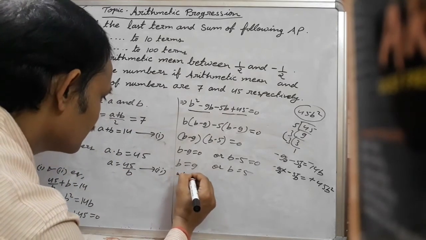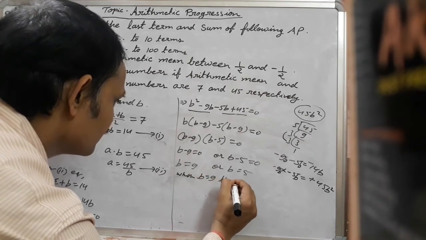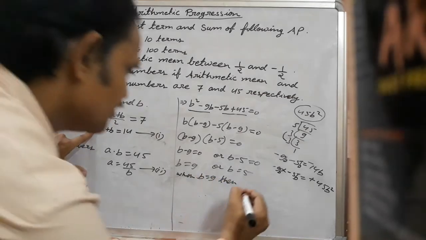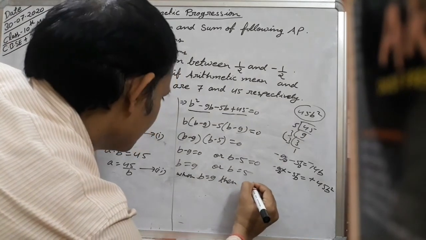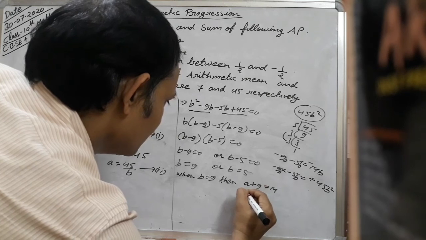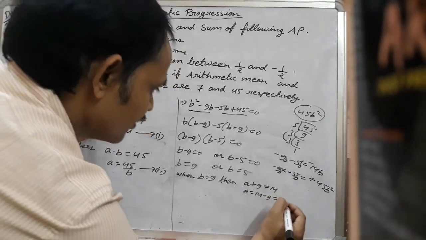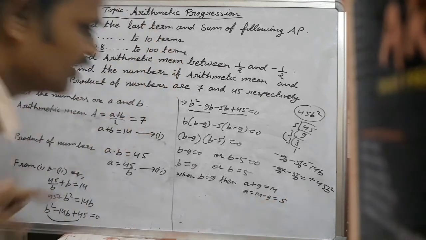When B is equal to 9, then A plus 9 is equal to 14, or A is equal to 14 minus 9, which is equal to how much? 5.